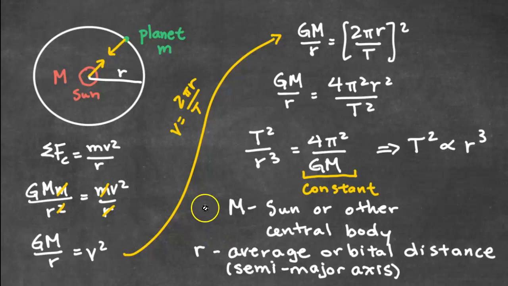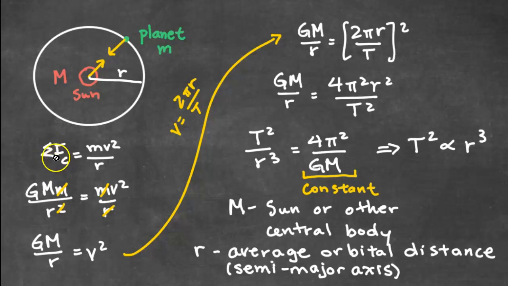To derive Kepler's third law, we're going to start with the centripetal force equation. Here we have a diagram. Here we have the sun, and we have the planet. This is a circular motion. Although it is elliptical, our derivation, once we derive it, will also apply to ellipses. We know that between any 2 masses, there's a gravitational force. So what is playing the role of the centripetal force here is the gravitational force.